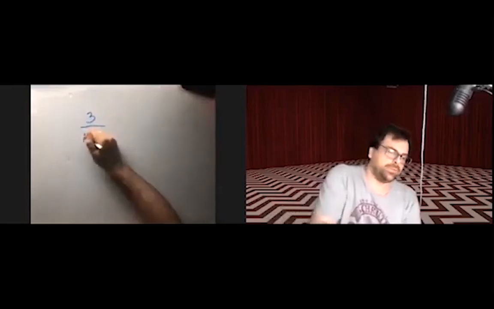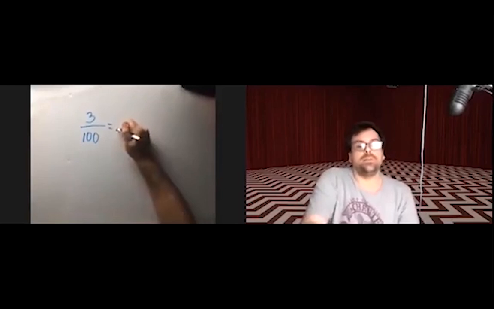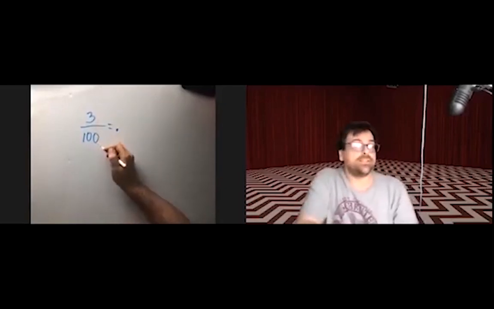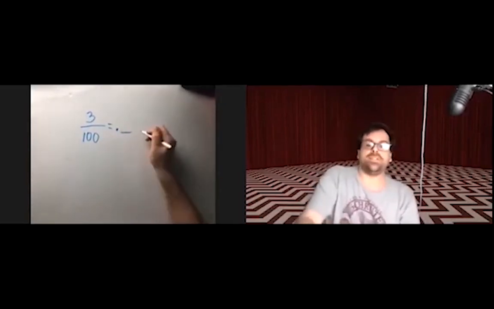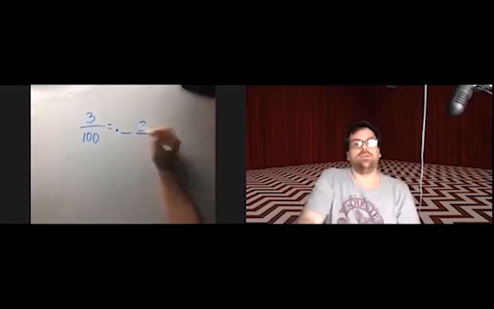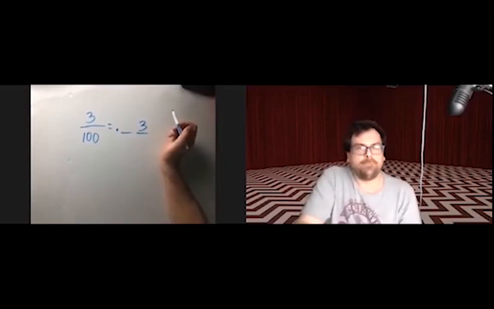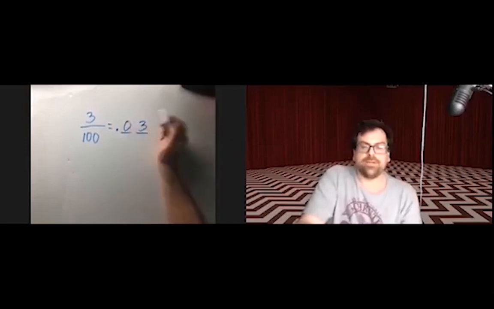Be careful. Remember, we want to write it so that it ends in the spot we want. 3 hundredths, tenths, hundredths. We want it to end here, but we still have the tenths place value. What do we put there? 0.